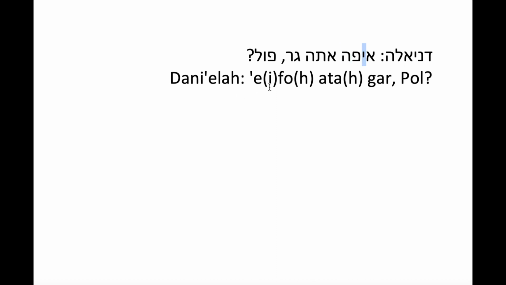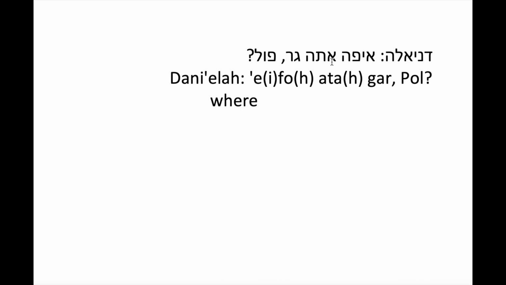So you pretend as if the yod wasn't there. You just pronounce the E. You don't pronounce the H at the end either. So this is why you say "Eifoh." This is why I put these two in parentheses, so you know they are written. Because when you write the word, you write the yod and you write the H letter, but you don't pronounce it, so this is why I put them in parentheses. So, "Eifoh" means "where."